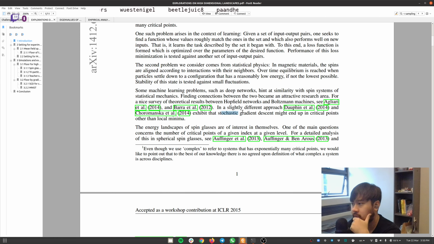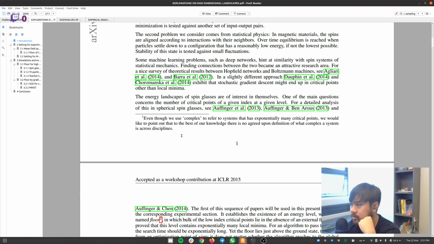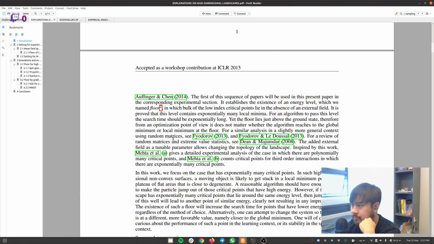Stochastic gradients might end up in critical points other than local minima. Number of critical points of a given index at a given level. Okay, I'm not particularly concerned about spin glass models. So this seems quite specific to.